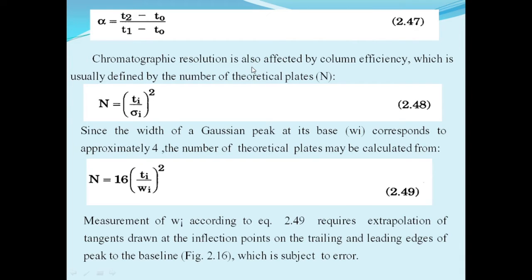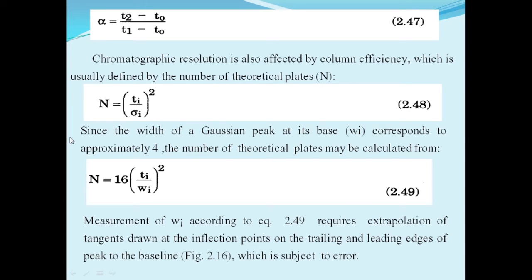Chromatographic resolution is also affected by column efficiency, which is usually defined by the number of theoretical plates, capital N. The number of theoretical plates, capital N, is equal to Ti upon sigma i square, equation 2.48.